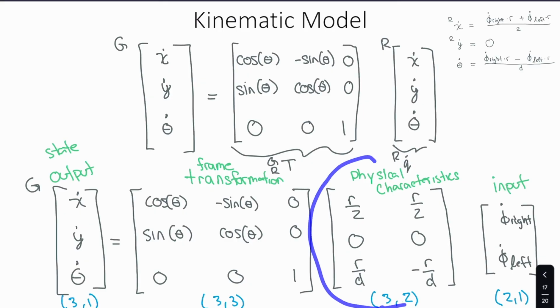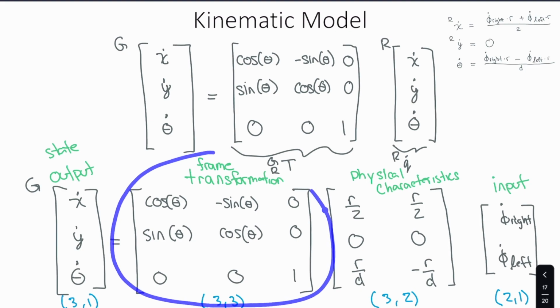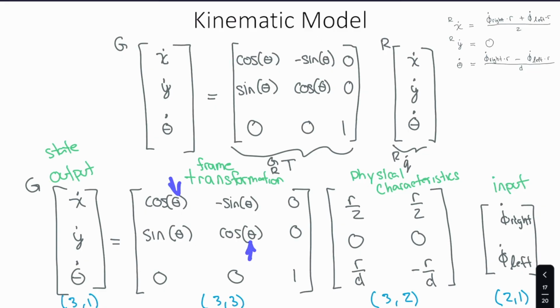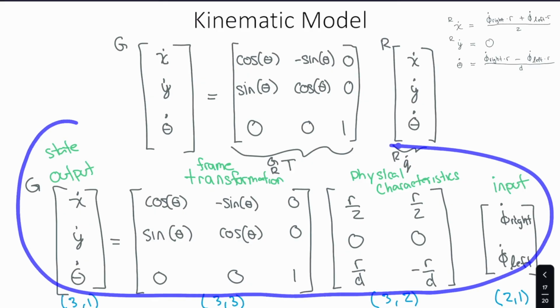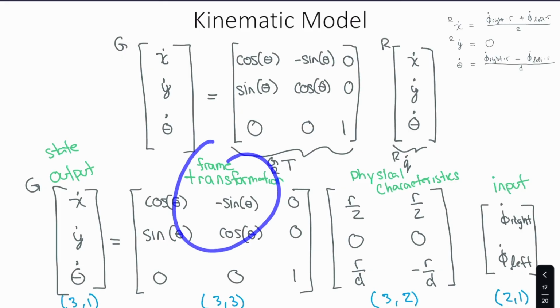So these two matrices together give us our speed in the local coordinate frame. We then transform that to the global coordinate frame, looking at the current heading of our system. And this is a nice form for viewing our state and how the state changes over time, breaking it into these different matrices that have some sort of physical characteristics associated with them.